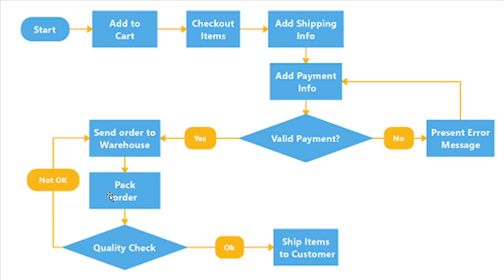So the same process will be repeated as long as the quality check is not satisfied. Okay, this is what we call flowchart.